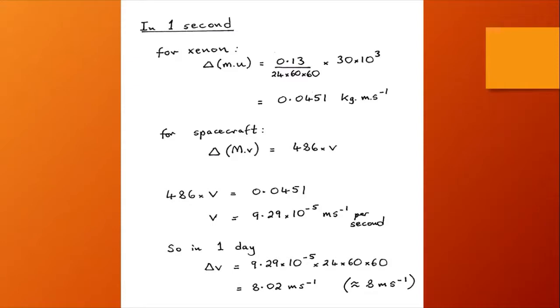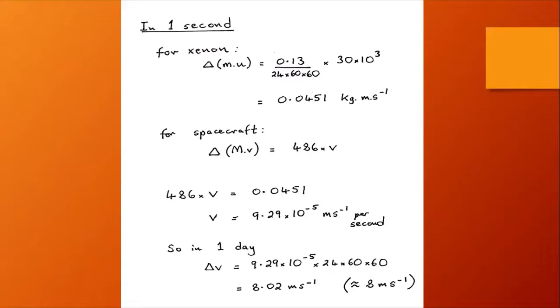So in 1 day, delta V should equal that times the number of seconds in a day. Yeah, that's logical. And that equals 8.02 meters per second, which is roughly 8 meters per second.